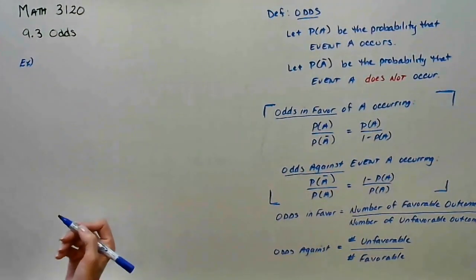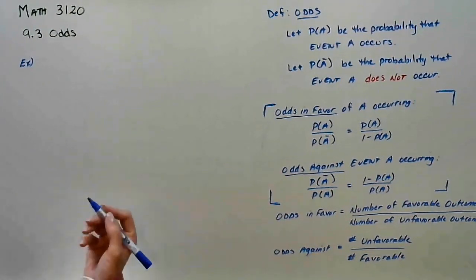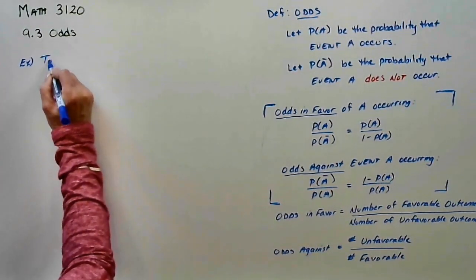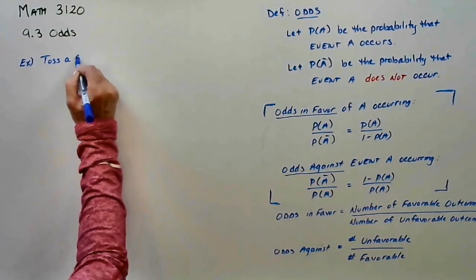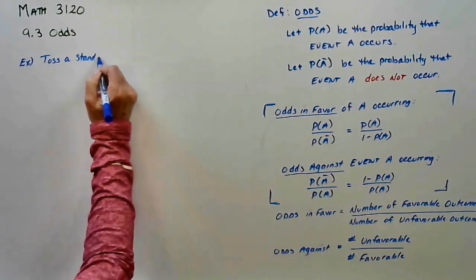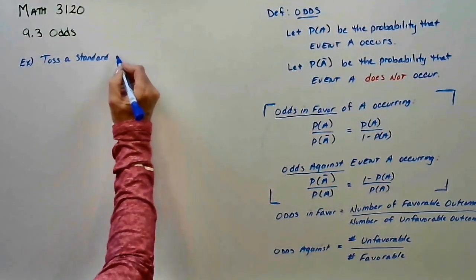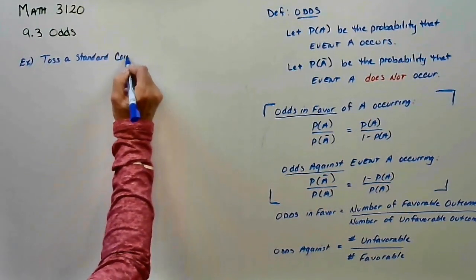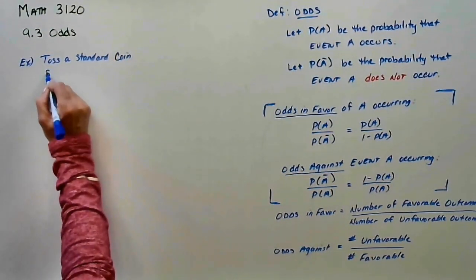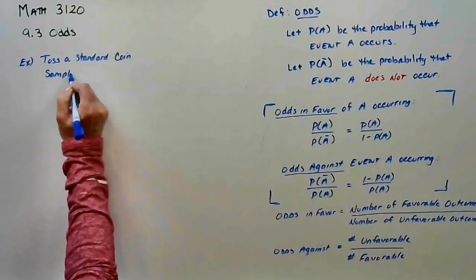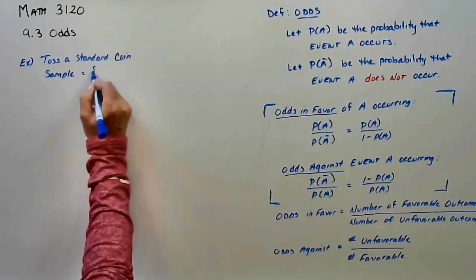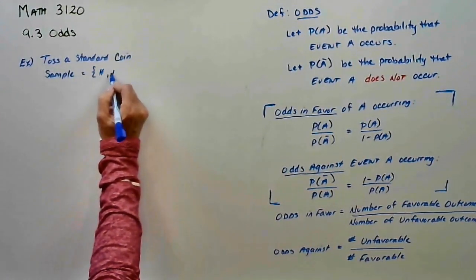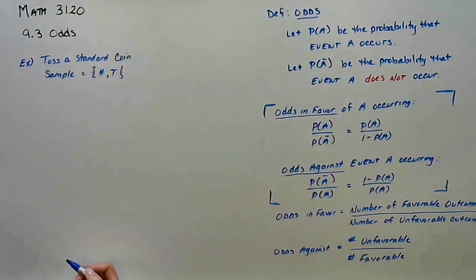What you're going to do is you're going to flip or toss a standard coin. Now remember, in here we talked about theoretical probabilities. So the only sample space that we're going to have is going to be, in theory, you can get a head or a tail. So we're not going to worry about landing on the edge in this class, okay?